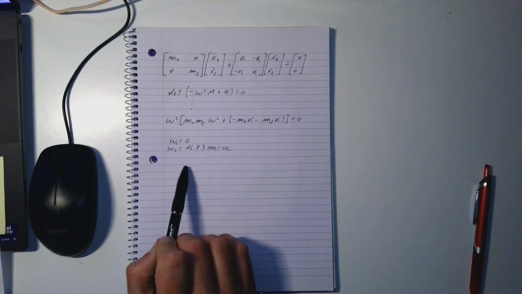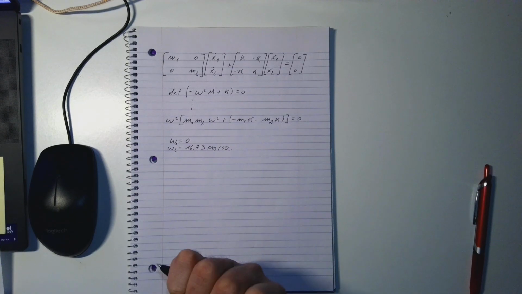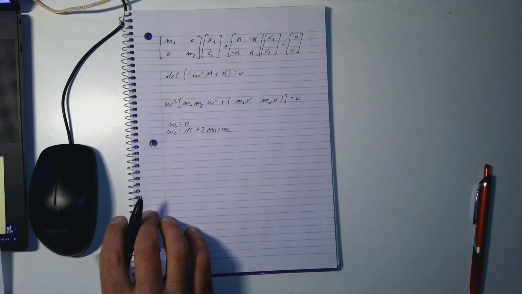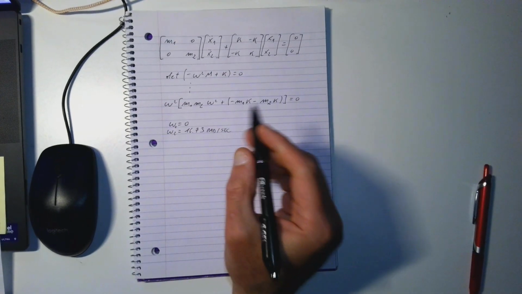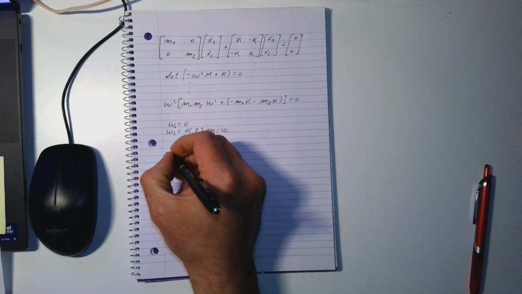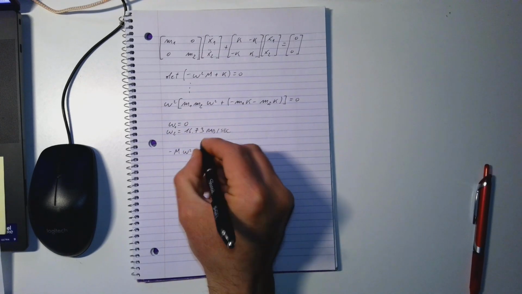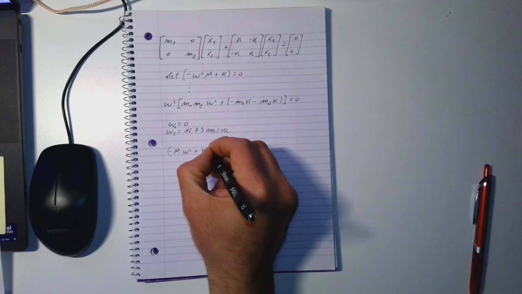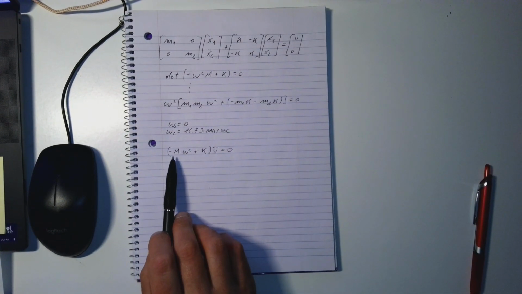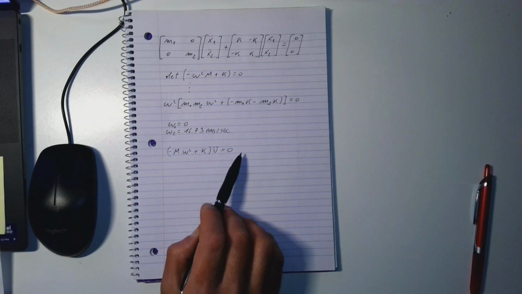So the next step would be to find the two vectors u1 and u2. In order to find the two vectors u1 and u2, we can look at the following relation. We have negative m omega square or negative omega square m plus k times u equal to 0.